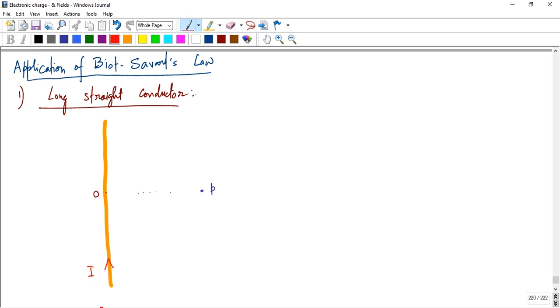We choose a differential length of that wire, and suppose the length of the wire is L. These very small lengths are called dl, or differential length. Current passing through that wire creates a magnetic field in the surroundings. Okay, so here we calculate the magnetic field at point P.